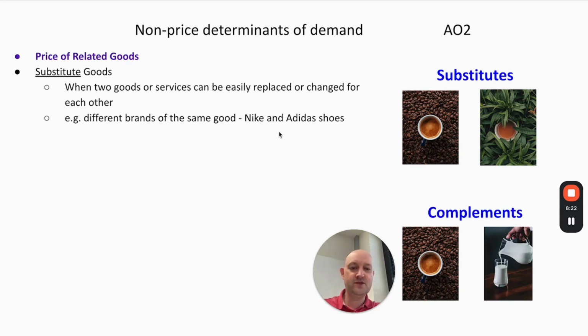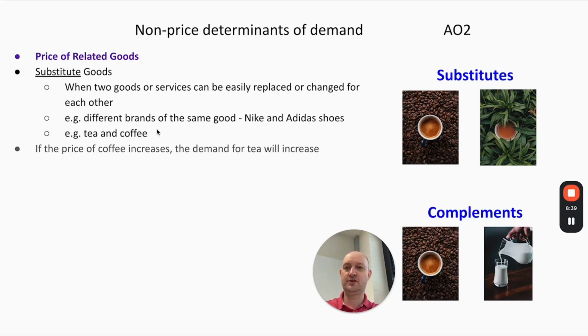Although maybe some consumers really like Nike, so they're not willing to change it. But tea and coffee is another example. So over here we've got tea and coffee. So for some people, people might see tea and coffee as substitute goods. And so the relationship here is, if say the price of coffee were to increase, then we would see an increase in the demand for tea.